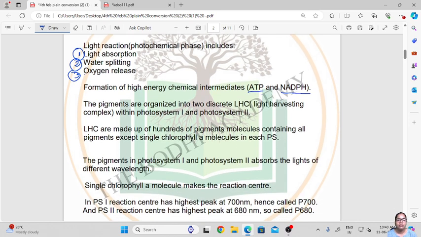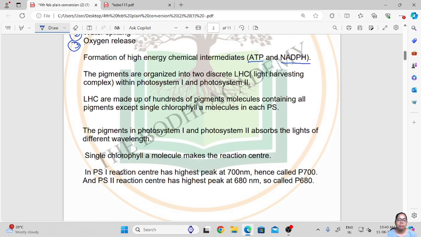The pigments in photosystem 1 and photosystem 2 absorb light of different wavelengths, and a single chlorophyll A molecule makes the reaction center. In PS1, the reaction center has its highest peak at 700 nanometer, hence it is called P700, and the PS2 reaction center has its highest peak at 680 nanometer, and hence it is called P680.